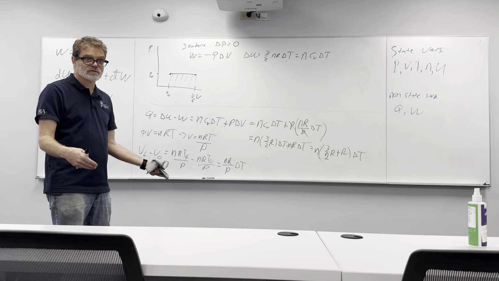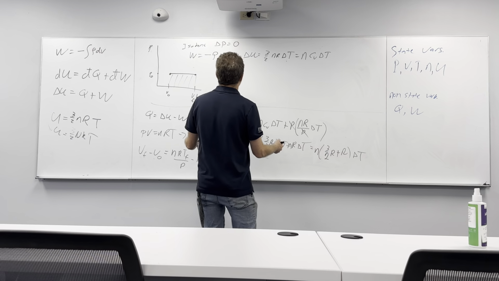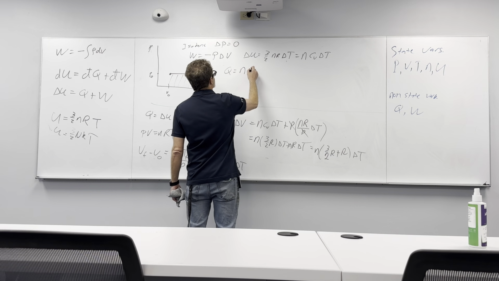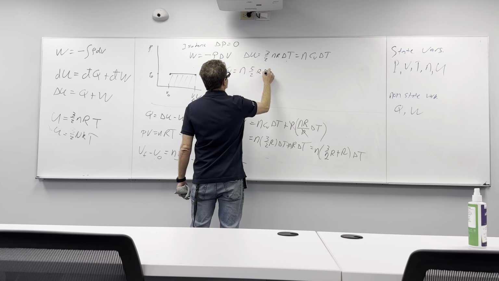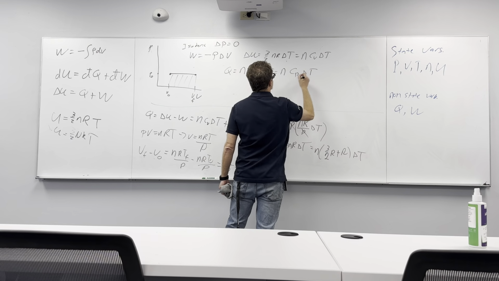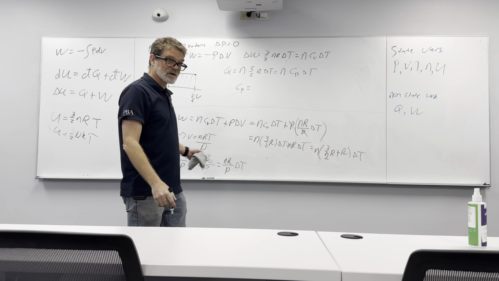I have 3 halves plus 1, 5 halves. So I can write that Q is equal to n 5 halves R delta T, or nCP delta T. What's CP? 5 halves R.